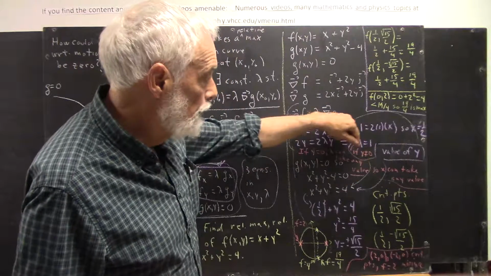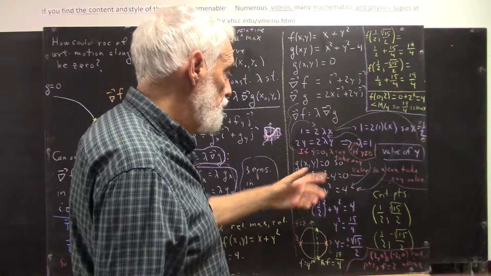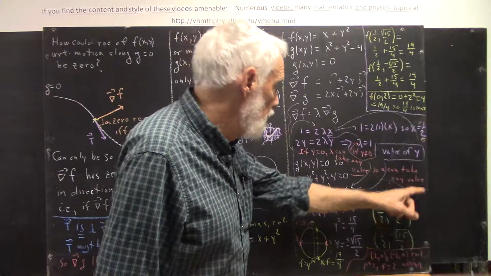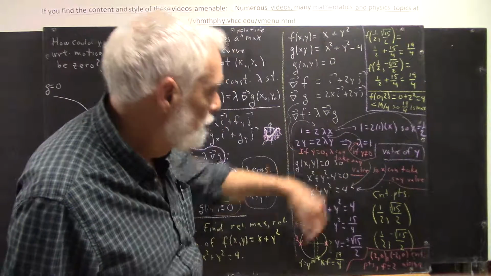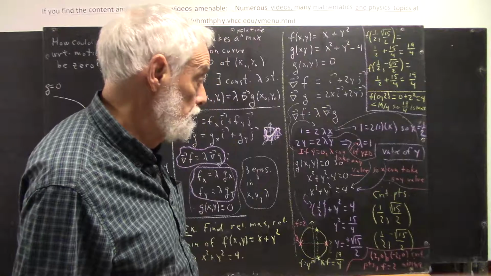Lambda equals 1 if y is not equal to 0. If y is equal to 0, lambda can take any value, but we're on this curve, so if y equals 0, x has to equal plus or minus 2.